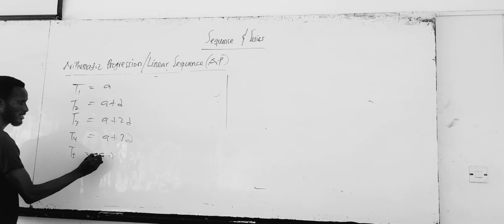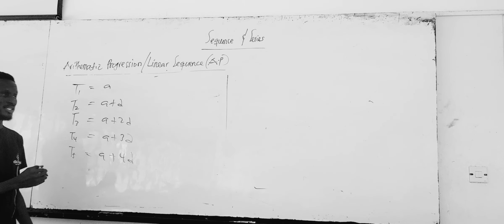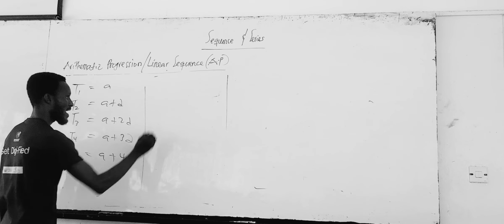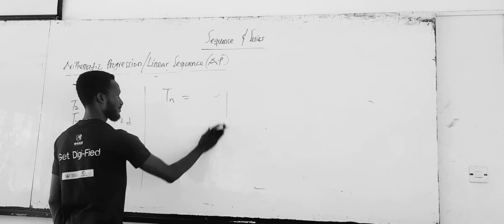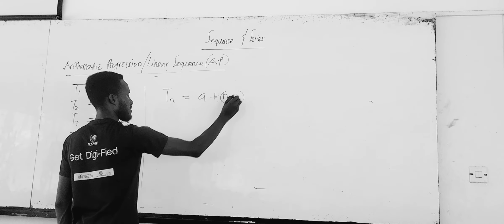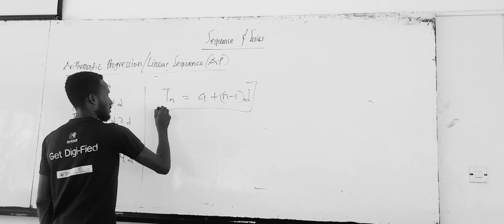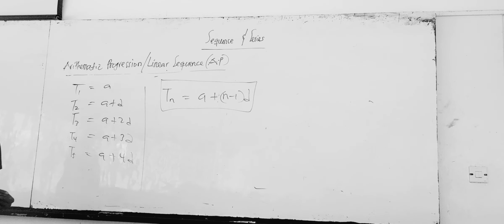You reduce it by 1, 4d, and this one is supposed to be at the fingertips. Now up to the nth term, the nth term is a plus n minus 1 d.